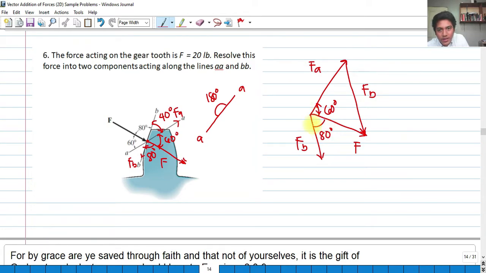So, if this is 80 degrees, and this is the same FB as this, then this should also be 80 degrees because it is opposite. Opposite angles, or vertical angles, are congruent. So, this is 80, this is 80, because that is the same FB.